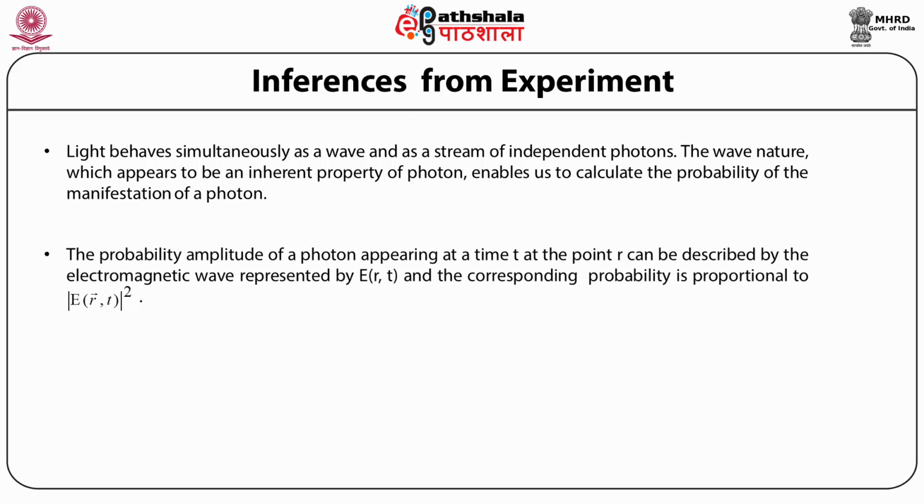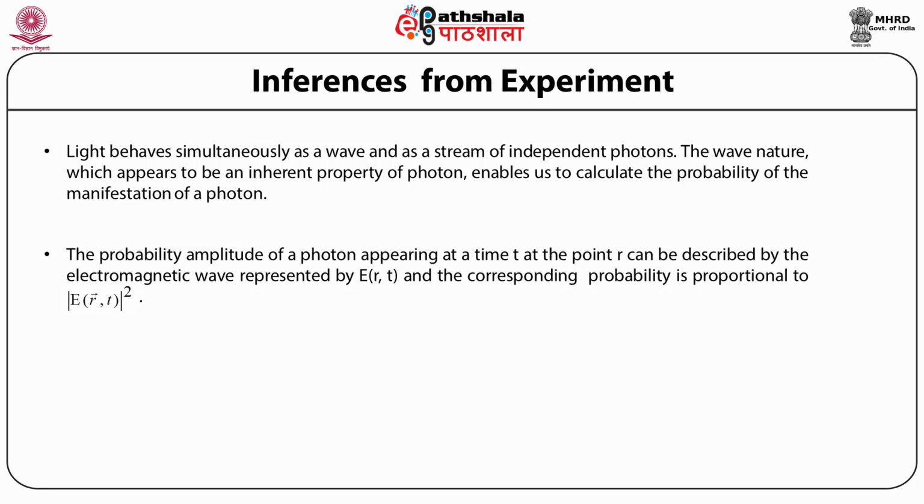The probability amplitude of a photon appearing at time t at the point r can be described by the electromagnetic wave represented by E vector r and t, that is, the electric field as a function of the vector r and t, and the corresponding probability is proportional to the square of the modulus of E as a function of vector r and t.